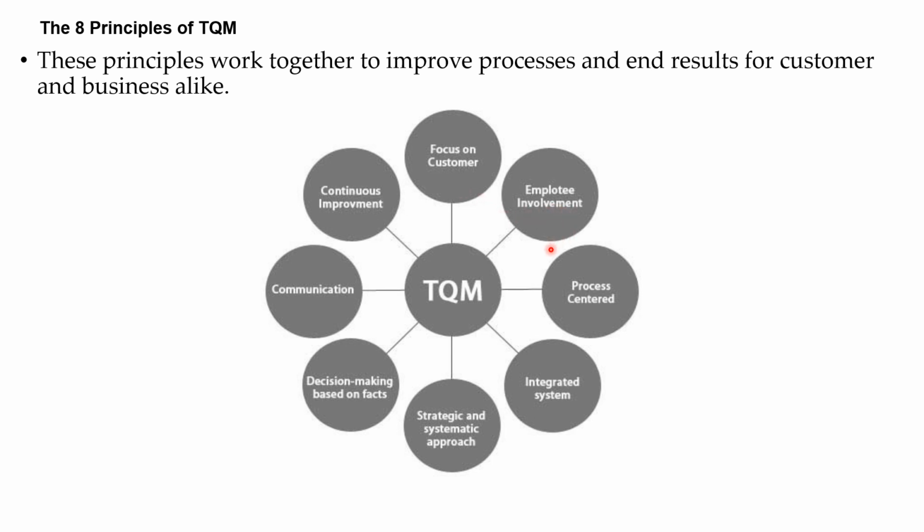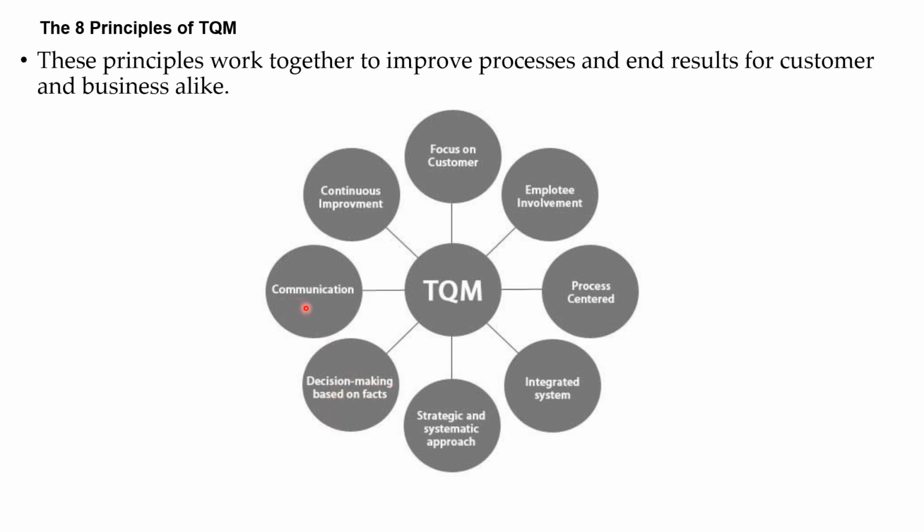And employee involvement. So each and every employee should work towards the implementation of TQM. And process centered. So we have to centralize all the processes in the manufacturing organization. And integrated system. Next one is strategic and systematic approach. Decision making based on the facts.